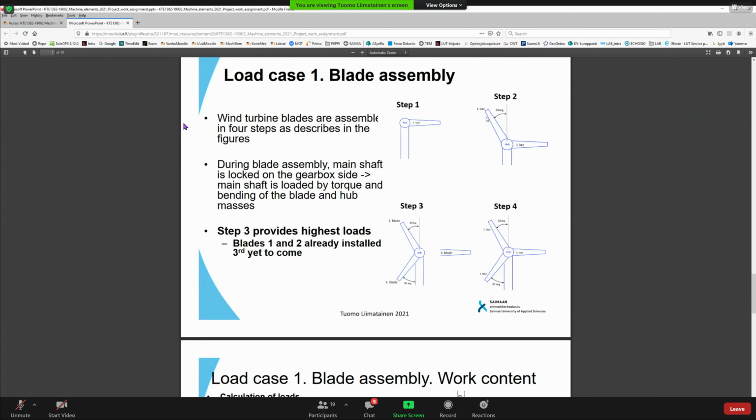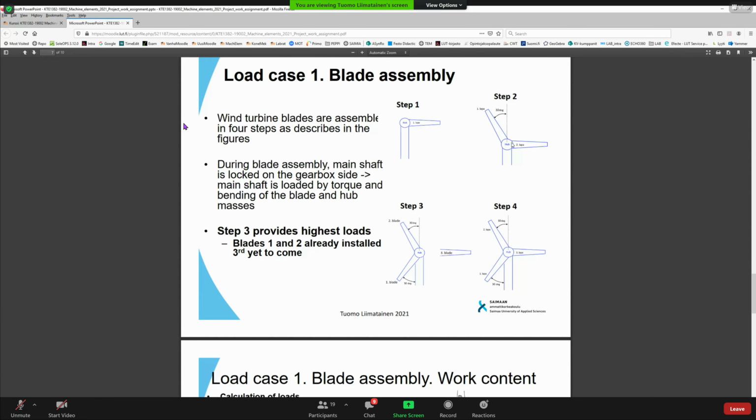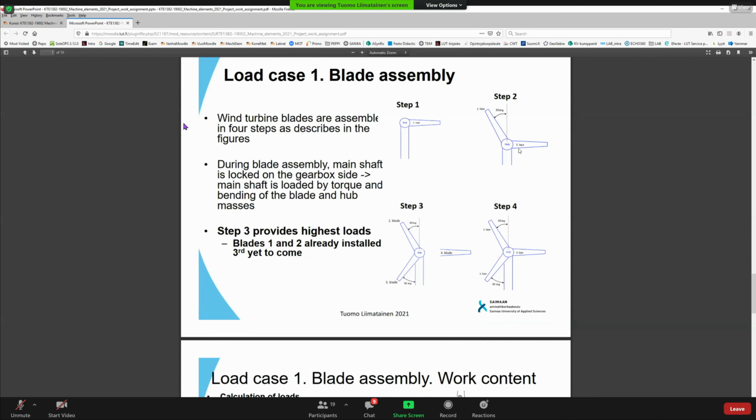The shaft is turned so that the first blade is at a 30 degree angle to the vertical, which means that the next interface for the second blade is horizontal, and then the second one can be brought in.